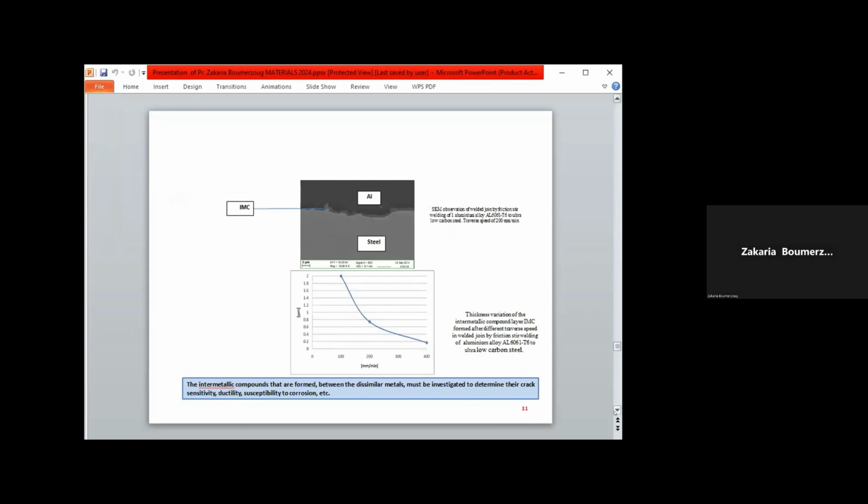What we have observed is a small thin film of intermetallic compound, whose thickness can be controlled by the speed of the movement of the tool.